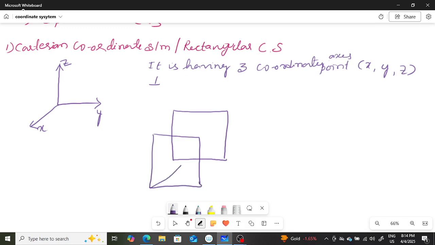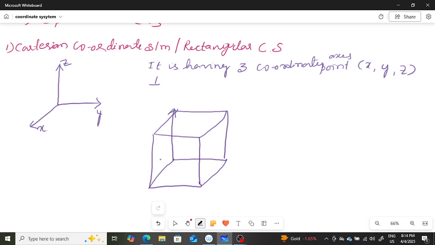The coordinate axes which I have drawn look similar, but you should try to visualize things. This is the plane.